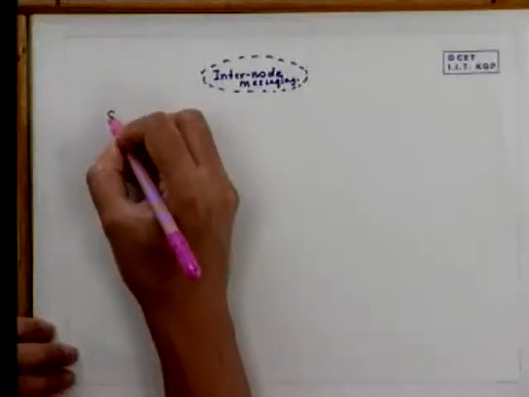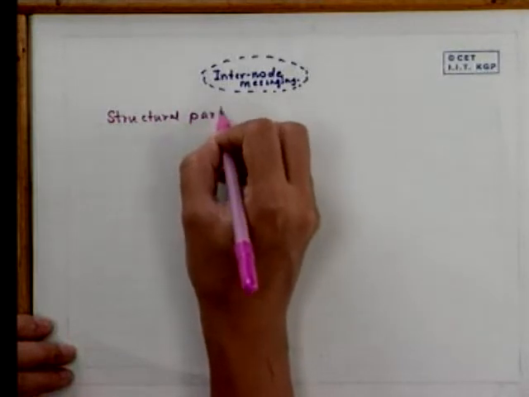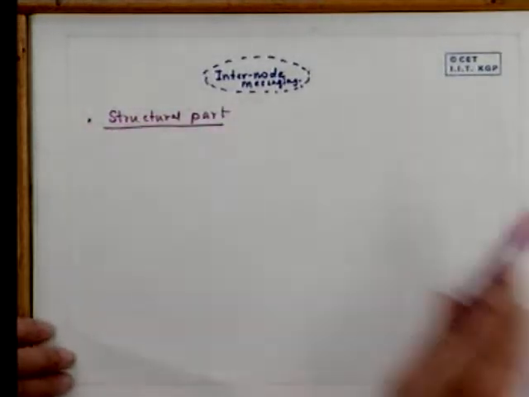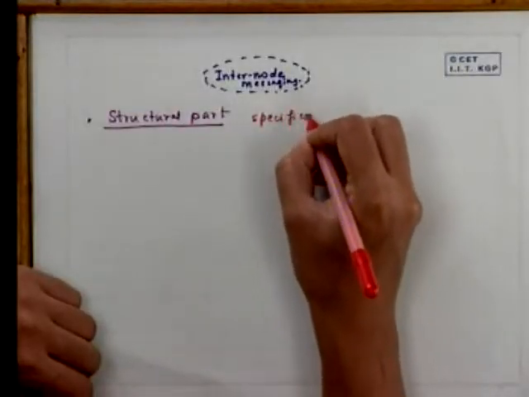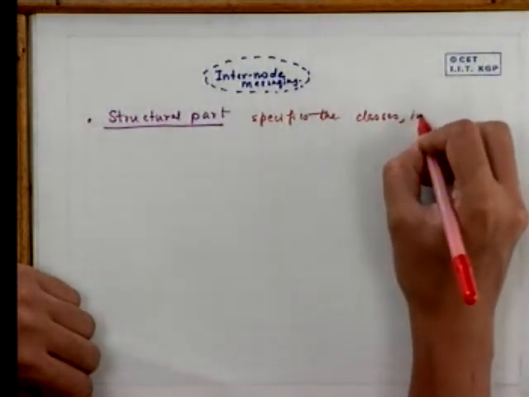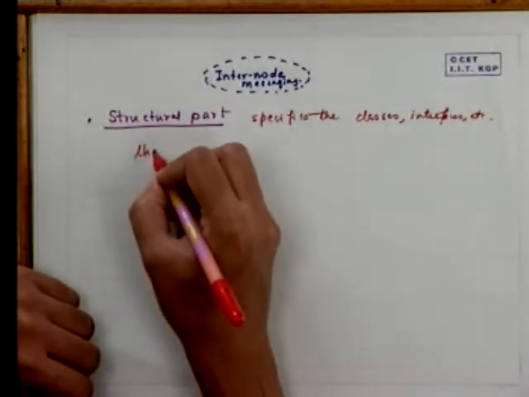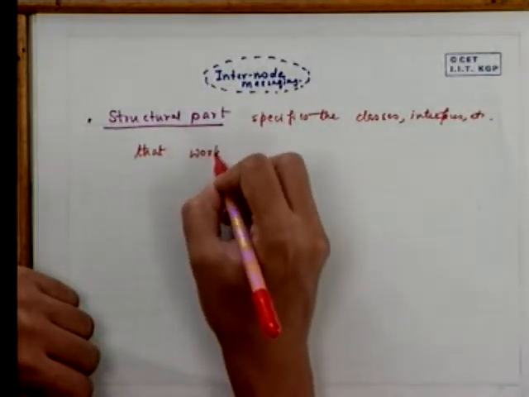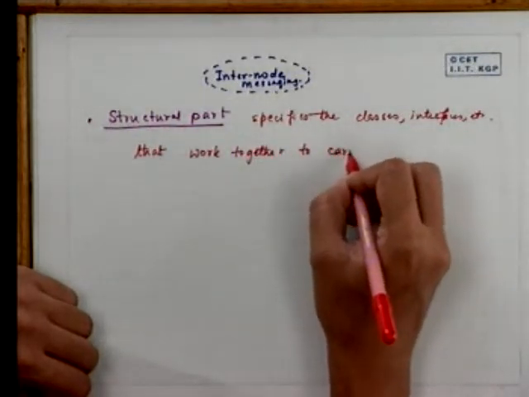Collaborations have two aspects, the structural part and the behavioral part. The structural part of a collaboration specifies the classes, interfaces, and other elements that work together to carry out the collaboration.